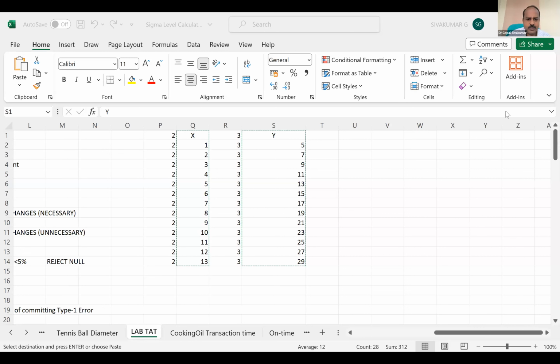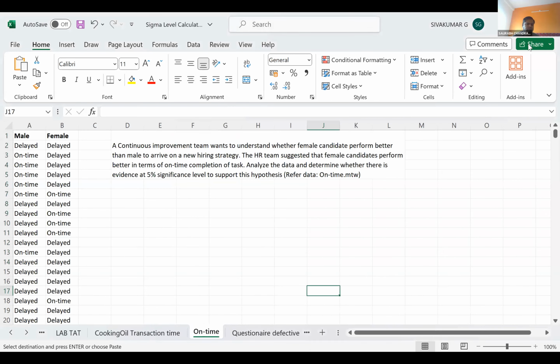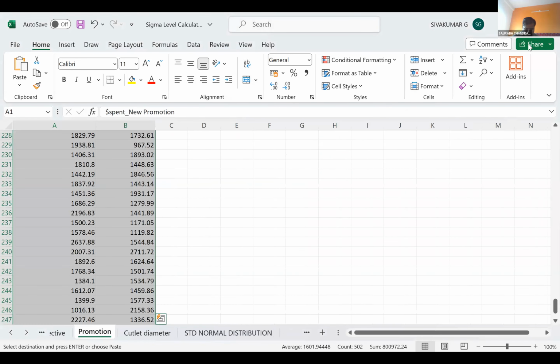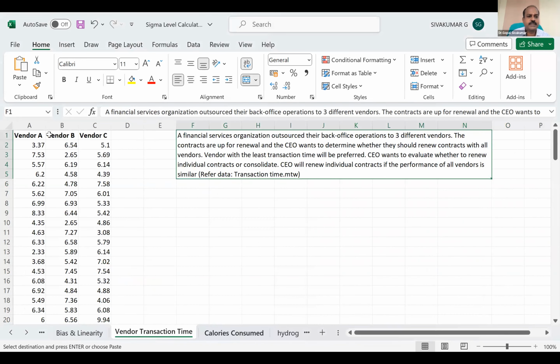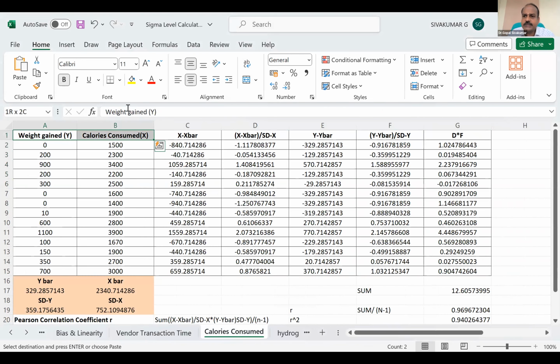And now this particular problem is calorie consumption, right? Now here, you see X and Y. Look here how much effort is required to find out the R value. All the calculation I have indicated here. If you want, you all can go through that to understand. Now I'm just copying this X and Y. Control C. I want to take this to Minitab.